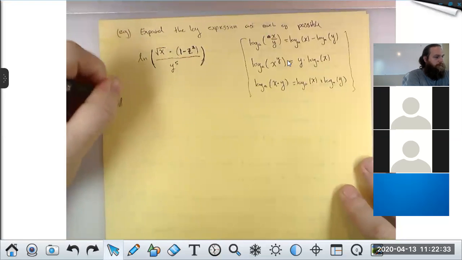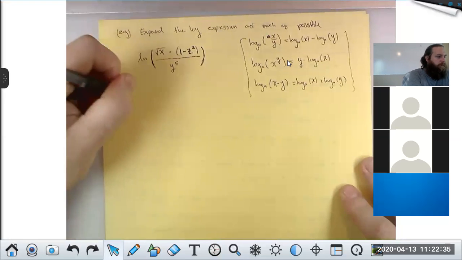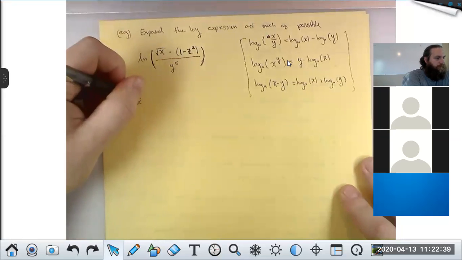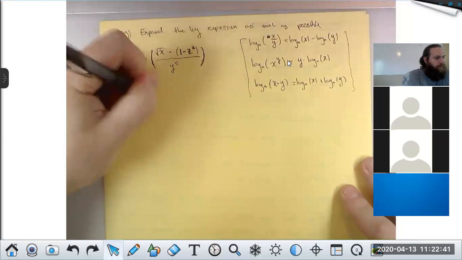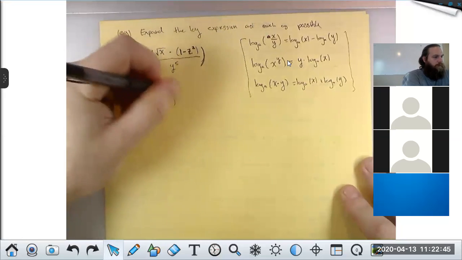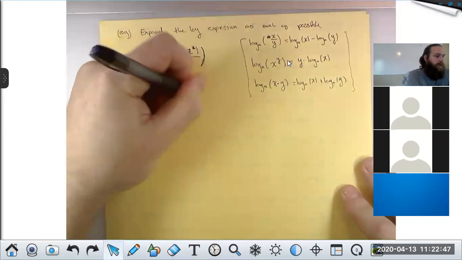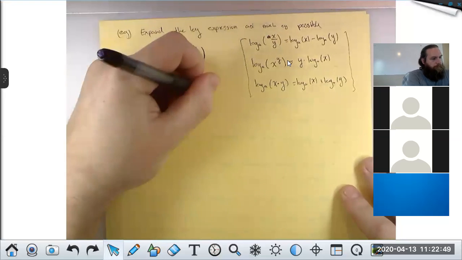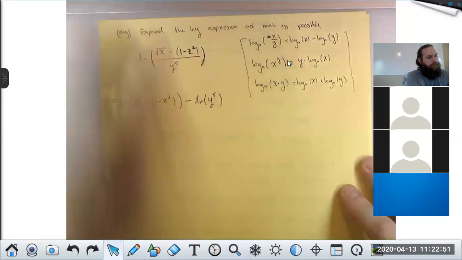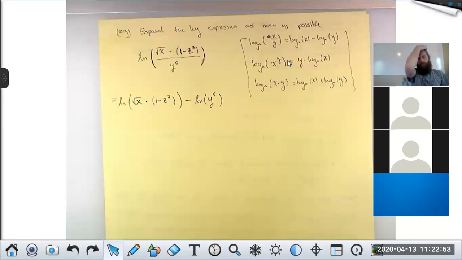So this is the same as the ln of that top, which is the square root of x times 1 minus z squared, minus the ln of the bottom. So that's my first step. Log with a fraction inside is the same as the log of the top minus the log of the bottom.